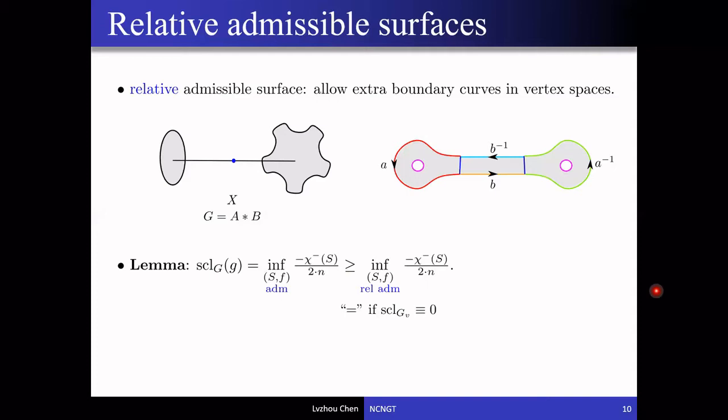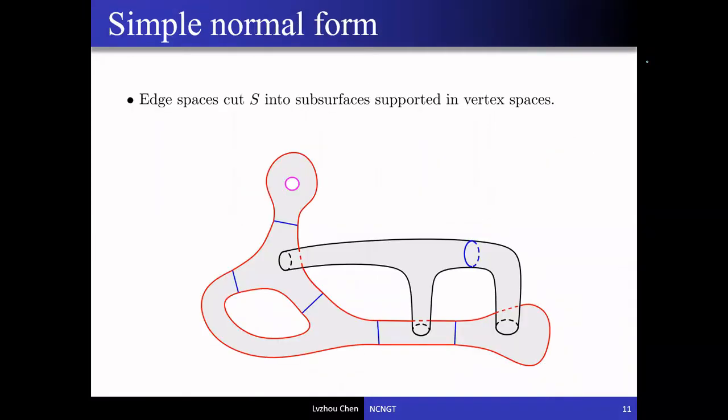Now we can introduce the simple normal form. And this example is one that's already in the simple normal form. It consists of these small parts. Each of them is either a disk or annulus, and each is supported in the vertex space. Here's what happens in general.